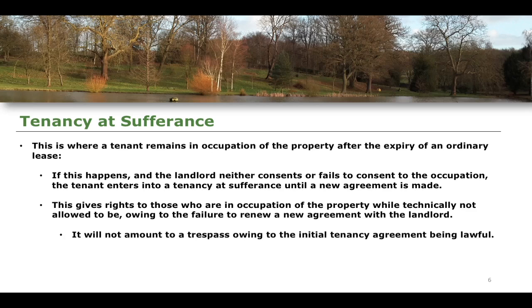This suggests that it will not amount to a trespass owing to the fact that the initial tenancy agreement was lawful. So you don't automatically become a trespasser, it turns into this idea of tenancy at sufferance instead.